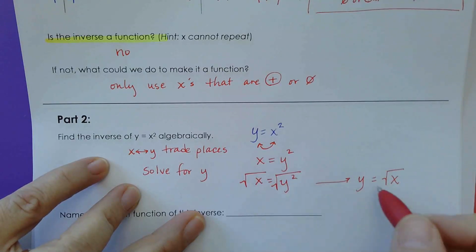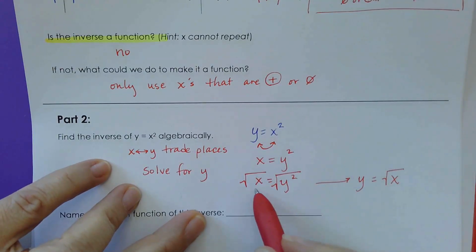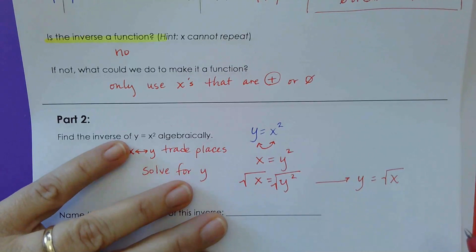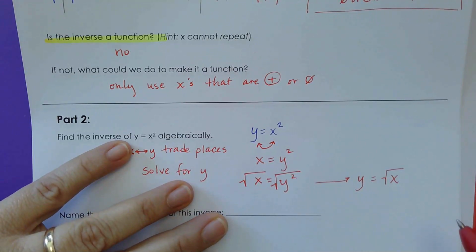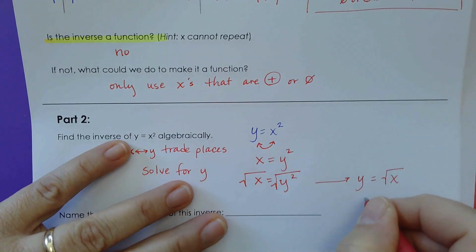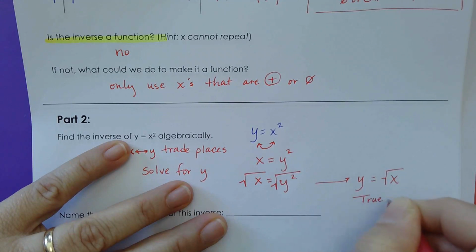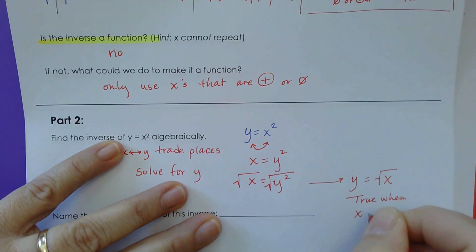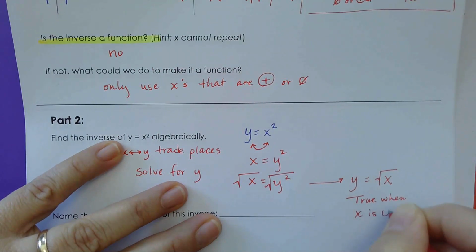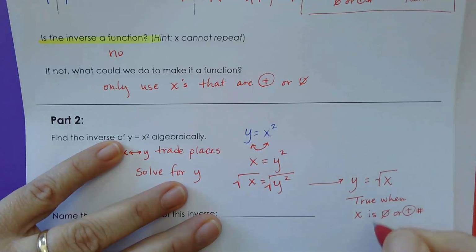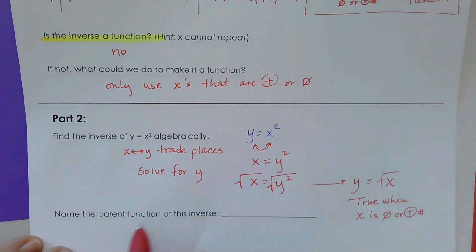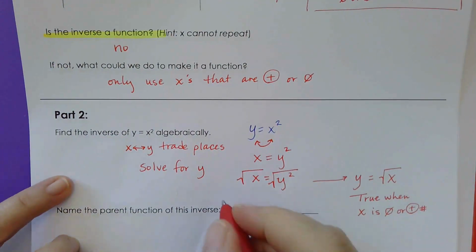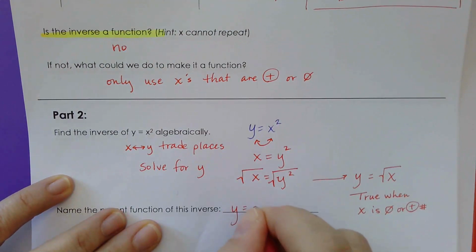Square root of y squared is y. I'll just let this be square root of x. And this will be true when x is 0 or positive. So the parent function of the inverse is y equals square root of x.